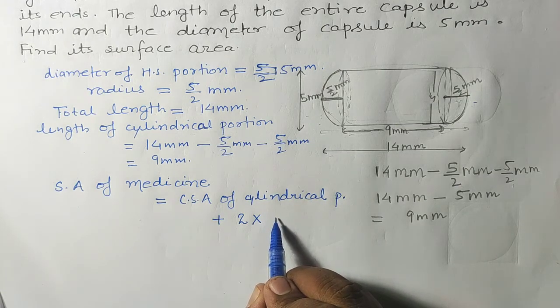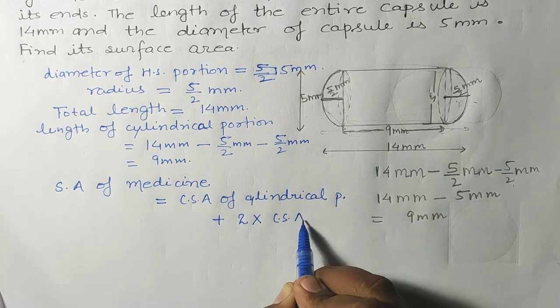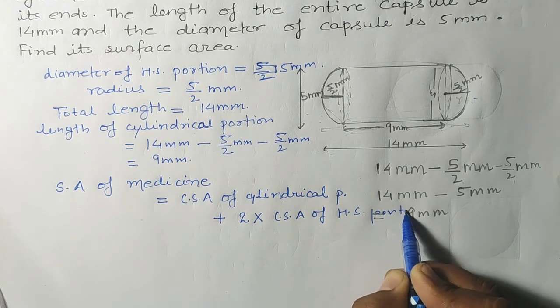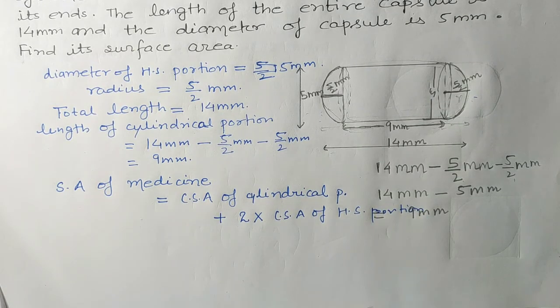So it will be 2 times curved surface area of hemispherical portion.